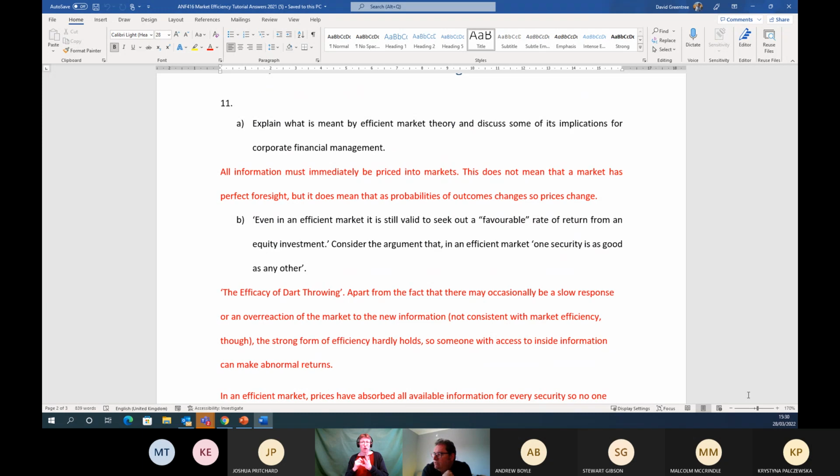And once Russia had invaded Ukraine, there may be a little bit of conservatism where the full impact wasn't fully reflected in the share price, but the majority of the impact had already been recognized because of the increase in the probability. So we're not saying that markets can predict exactly what's going to happen. It's to do with the changes in probabilities of things happening.